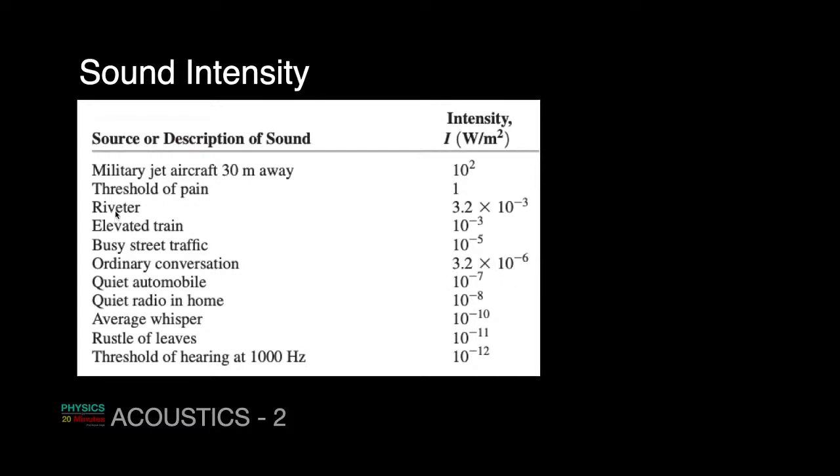Then your threshold of pain is 1 watt per meter square. And military jet aircraft 30 meter away is 10 power 2. So you can see that it could be very painful if a military jet is flying close to you, and that is why in all airport operations a distance is maintained between the aircraft and the general people.